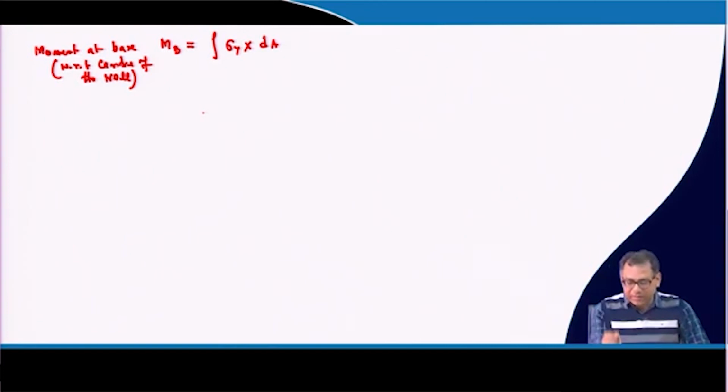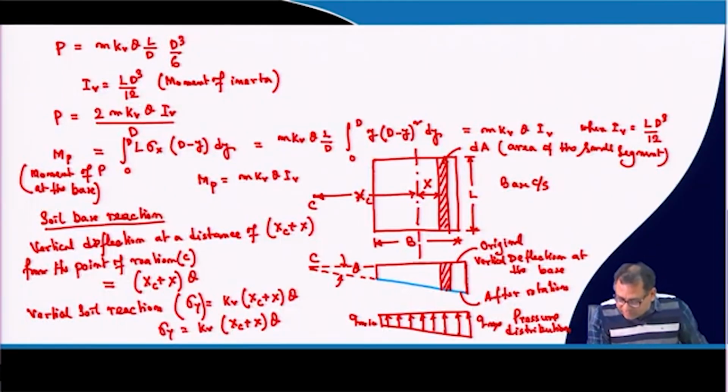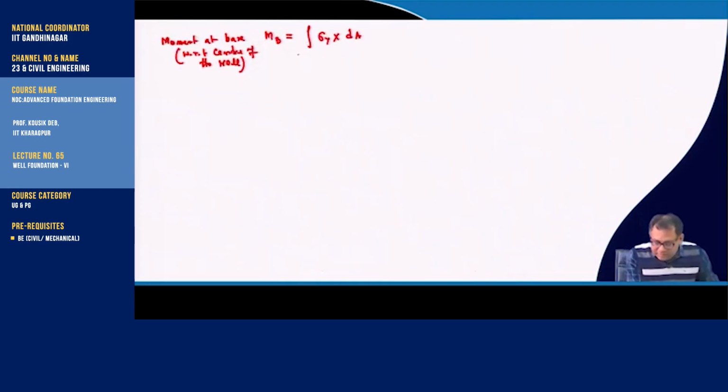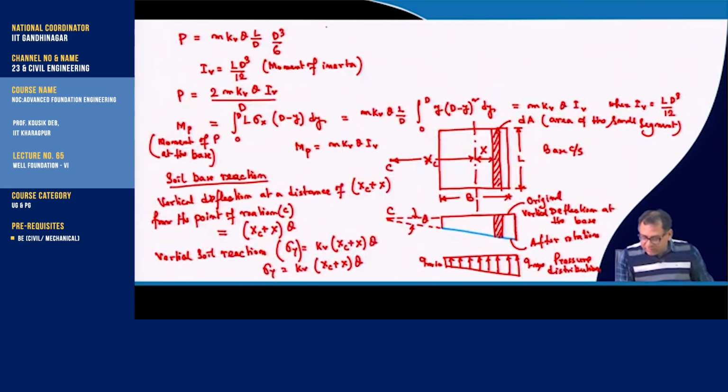So, that is the moment. Now, for this moment, what will be the limit? The limit will be taken from the center, so the right side is positive and the left side is negative. That means we can write the limit as minus b by 2 to plus b by 2, because this half portion is b by 2 and this half portion is b by 2.